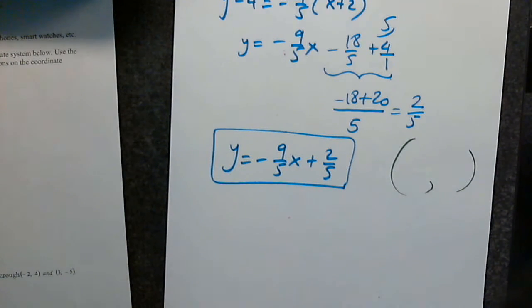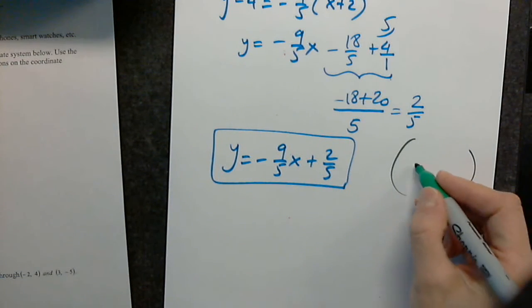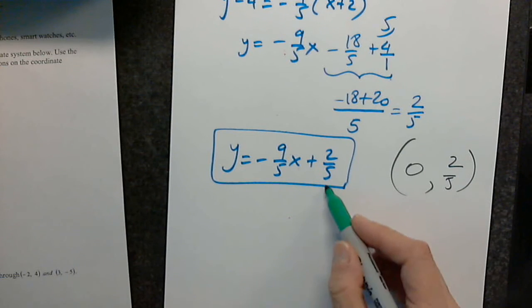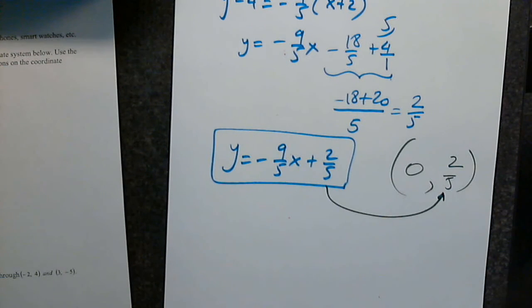From this equation, is there a way of determining the y-intercept? Yes. Is it 2? Yes, but the ordered pair? Very good. This is always the y coordinate of the y-intercept.